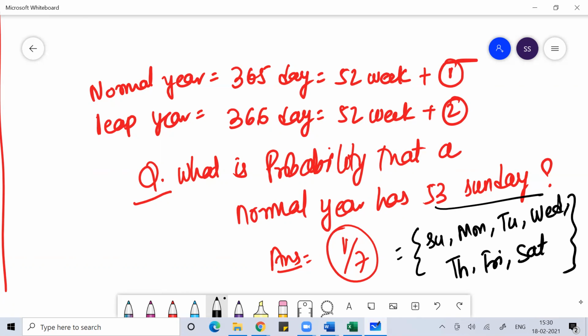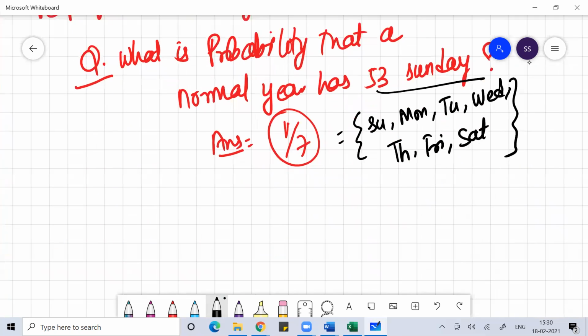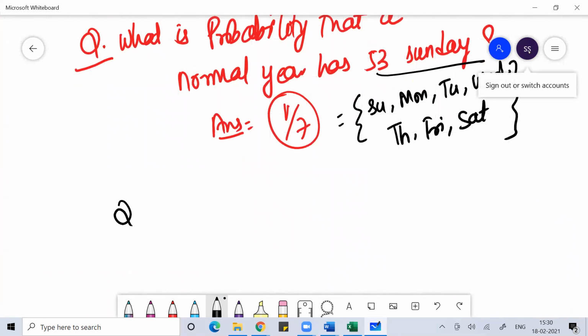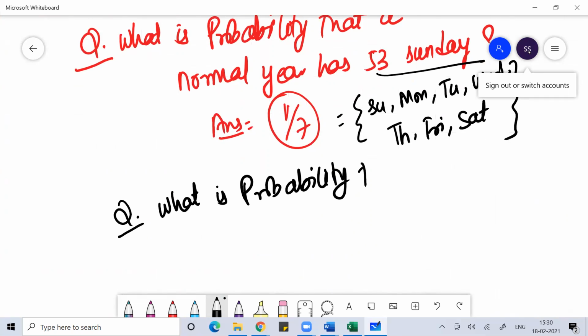This is a very common question, so remember this. Similarly, you may get a question: what is the probability that a leap year has 53 Sundays?